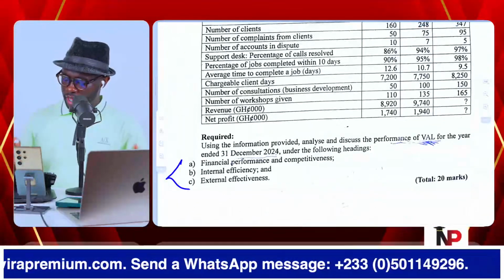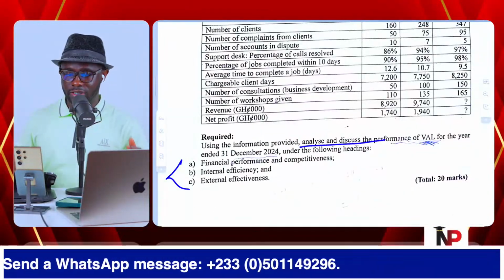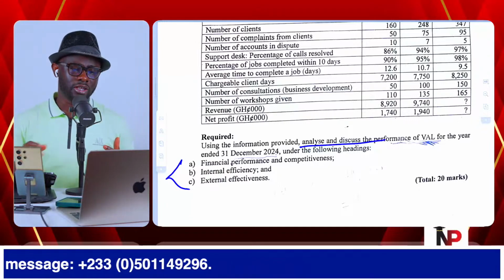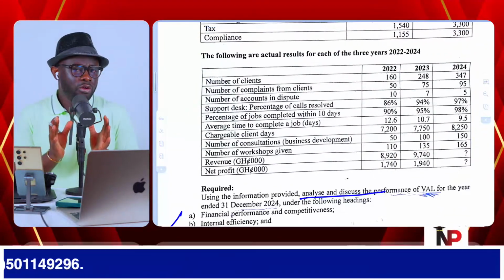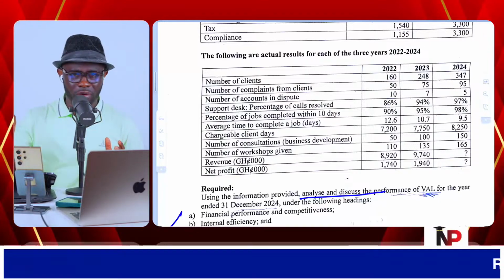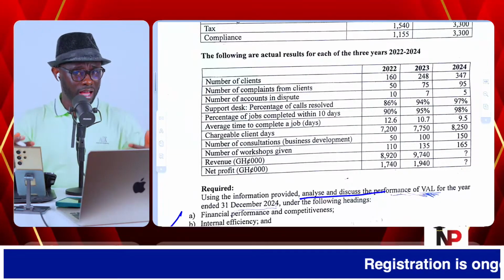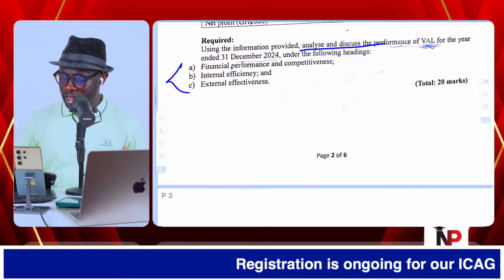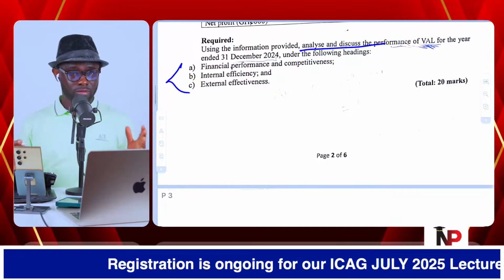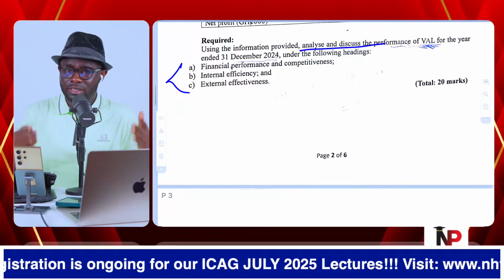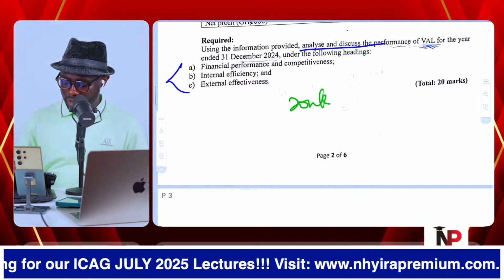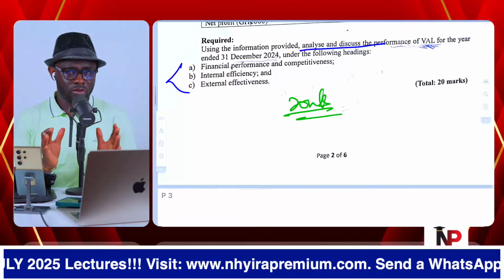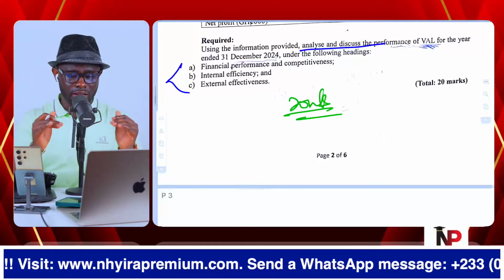So you are using the information to analyze and discuss the performance of the organization. So technically here, you're not going to be doing any calculation. You are going to be writing because you are writing an analysis. And so it means that written part, because you are writing an analysis and doing a discussion, that's 20 marks there. You're not doing any calculation in this case, just writing an analysis there.